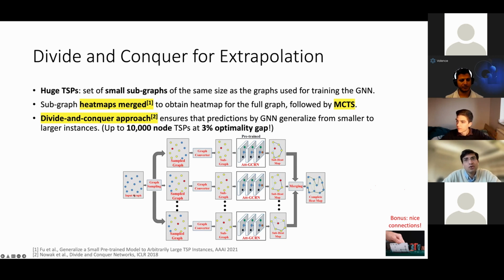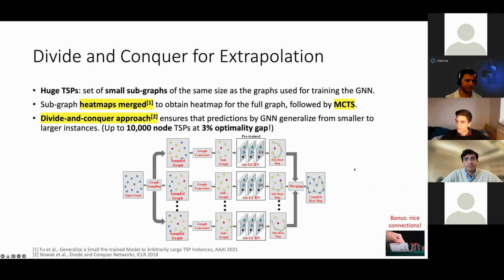And this divide and conquer or subgraph approach was a way to mitigate that problem, by dividing it into problems that the GNN can solve, or that you've trained the GNN to solve, and then having this special way of stitching it together, and then performing the search on it.